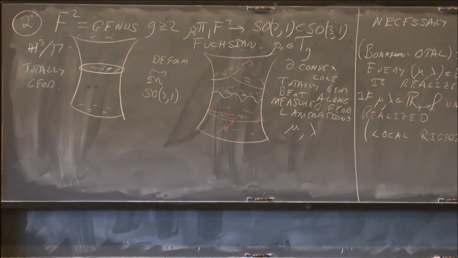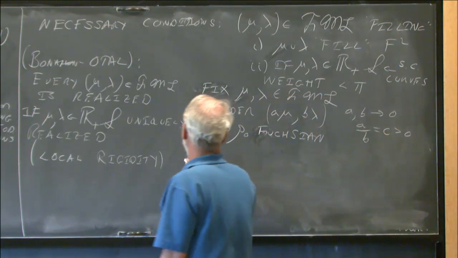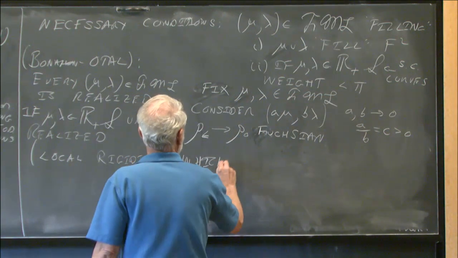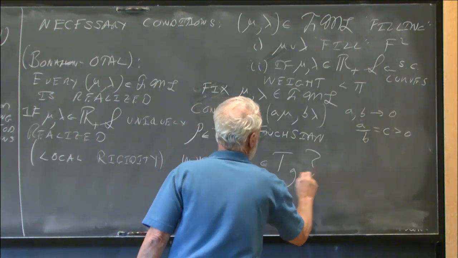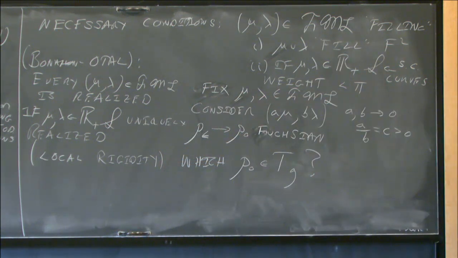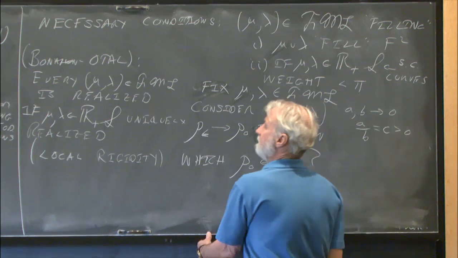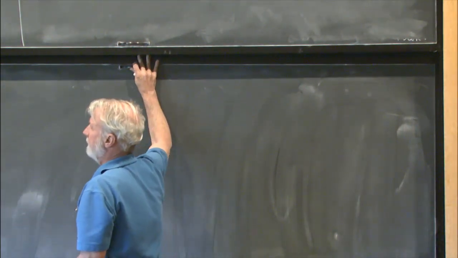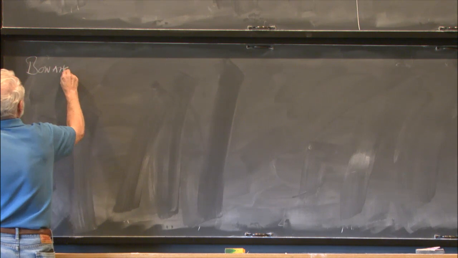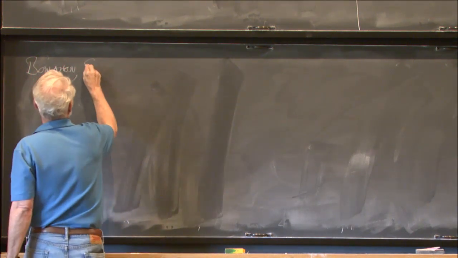So the question is, which one does it actually converge to? First of all, saying that it converges, but in fact, what does it converge to? This was answered by Bonahon, with some further refinements by Caroline Series.